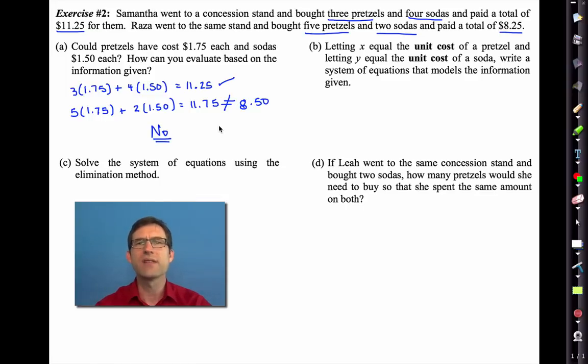So in letter B it says letting x equal the unit cost of a pretzel, so how much one pretzel costs, letting y equal the unit cost of a soda, write a system of equations that models the information given. See if you can do that. Pause the video for a moment and see if you're good enough at this point with algebraic expressions and equations to model the two scenarios, that for Samantha and that for Raza, given those variables x and y, okay?